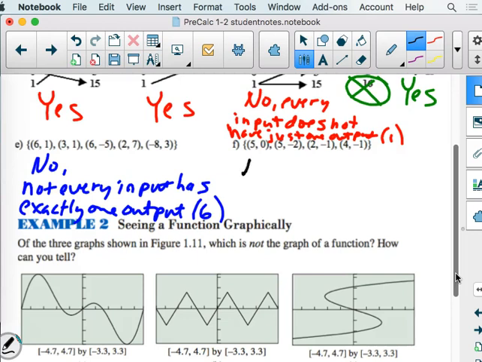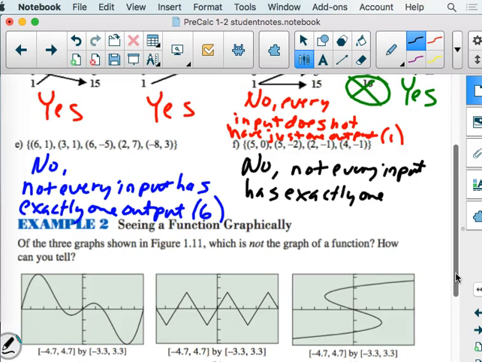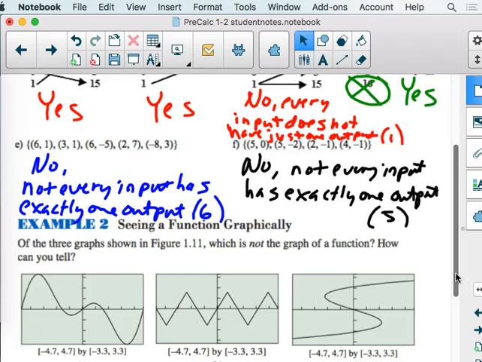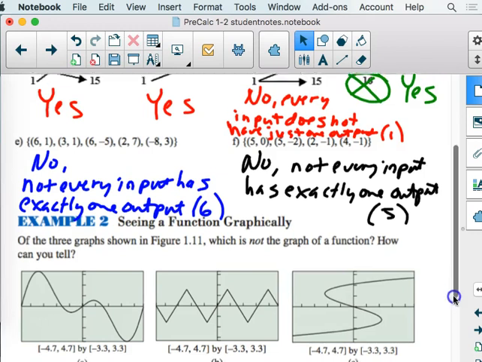Yep. No. Same reason. Not every input has exactly one output. Parentheses 5. The rest of them are good. Just not the 5. So in numerical form, as long as we know what we're looking for, we can still check and see whether or not they're functions.